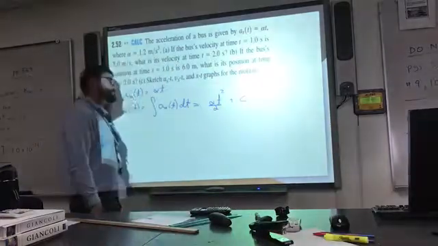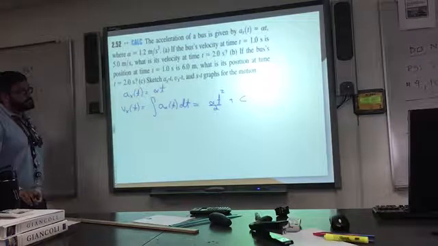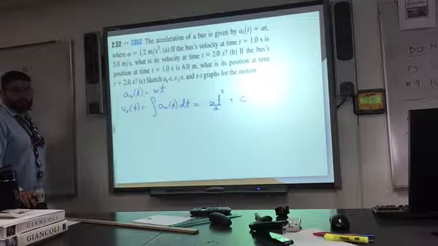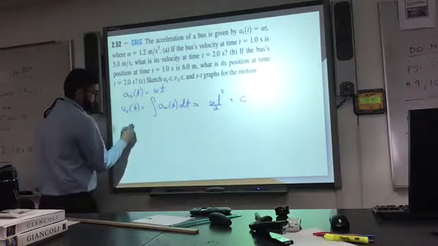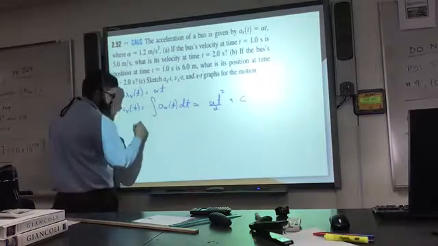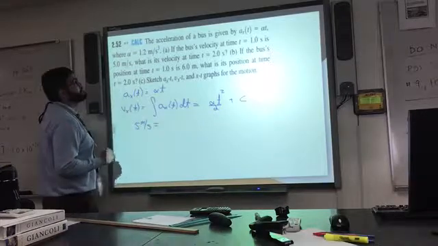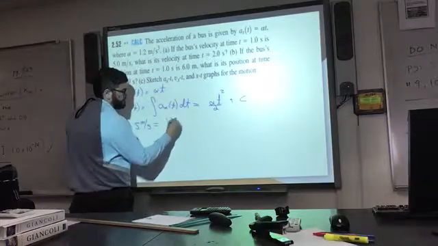Okay. Now what? You know that the velocity at 1 second is 5, so say 5 is equal to 5. Just 5? Meters per second.